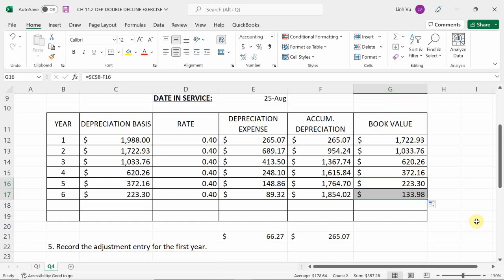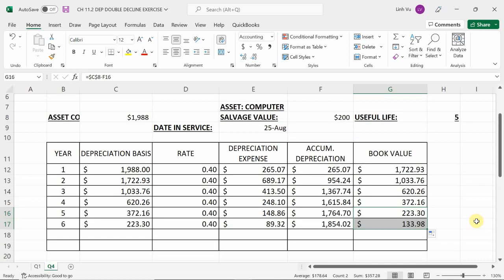What's the number one rule that you have to always make sure? At the end of its life, it has to have the salvage value. What's my salvage value supposed to be? 200. Is my book value 200?